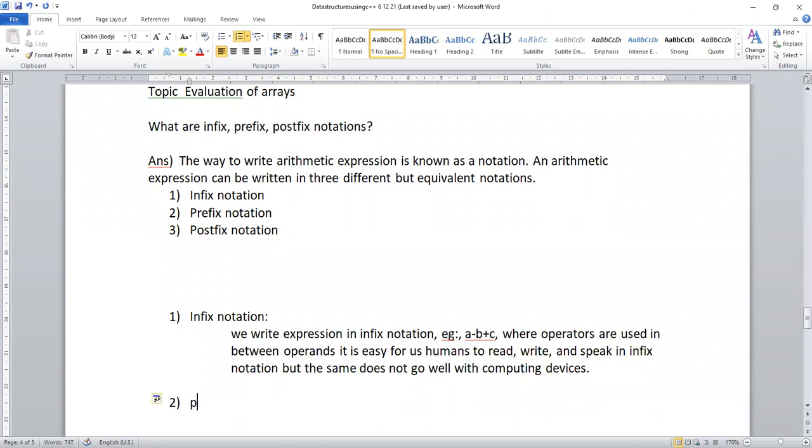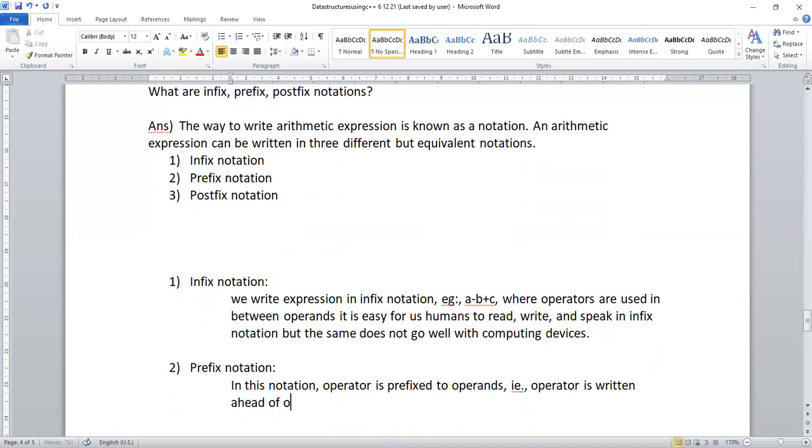Second one is prefix notation. So what is prefix notation? In this notation, the operator is prefixed to operands. Okay, that is, the operator is written ahead of operands.